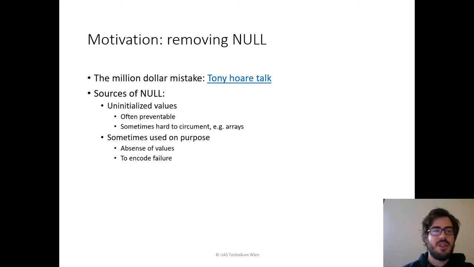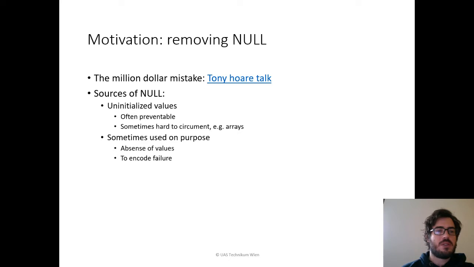He's also, though he might not be too proud of this, very famous because of his talk, the $1 million mistake, which is linked in the slides, where he talks about why he introduced null in the first place, in what was the programming language? I'm not sure. In the first programming language he worked on, and yes, you can look at this.